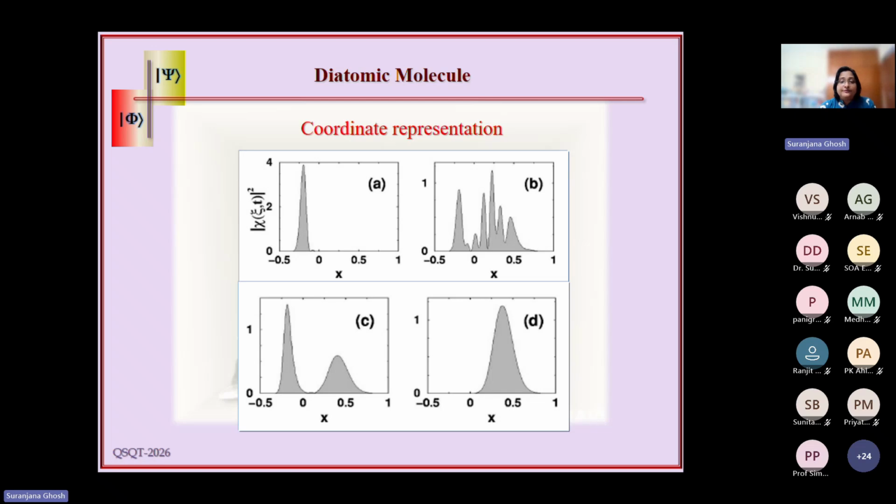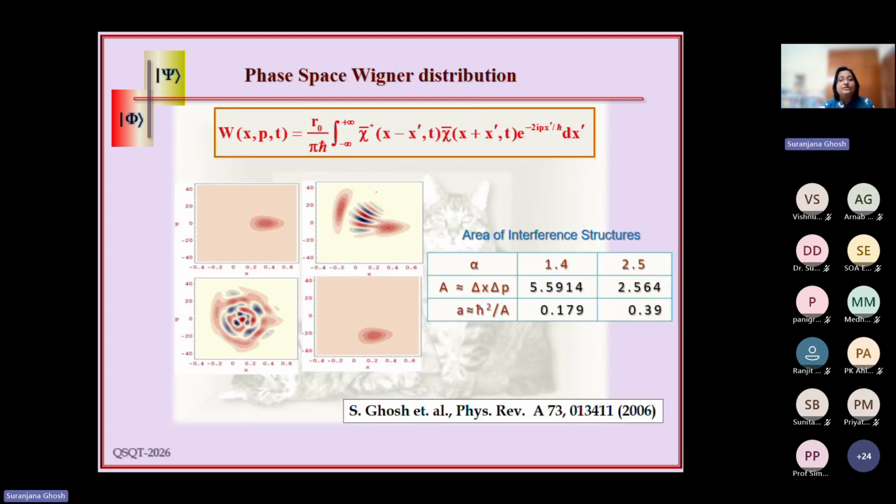So we move to phase space, and we use the Wigner distribution function, where these are the contour plots. So this is the initial wave packet, and see, it's a cat-like state. In between, one can see these interference regions, these negative and positive ripples. And here, interestingly, this is the 4-wave packet breakup. As we have taken lower levels of the molecular system, this phase-space support is small, so it's very closely spaced.